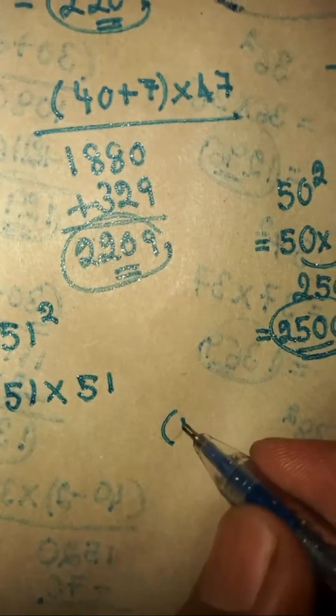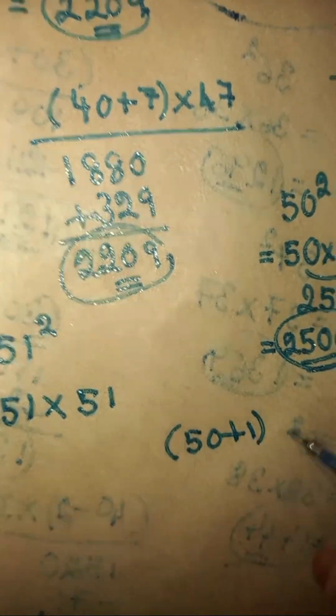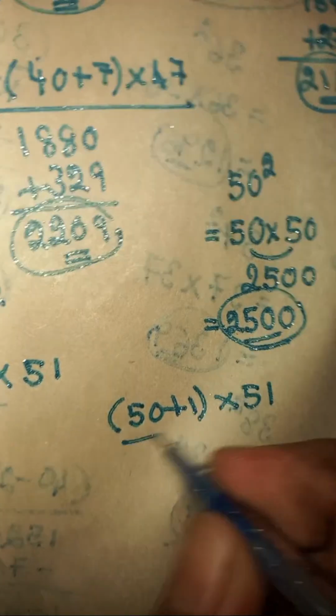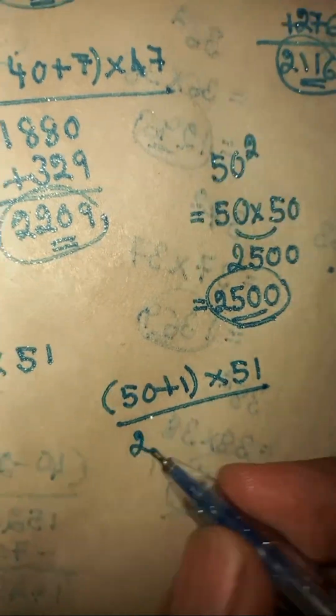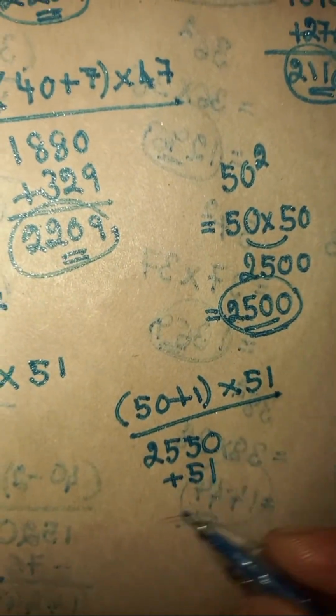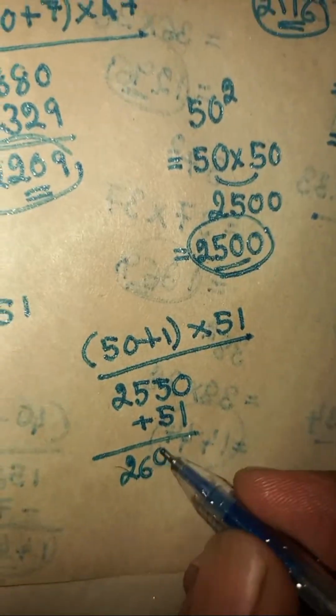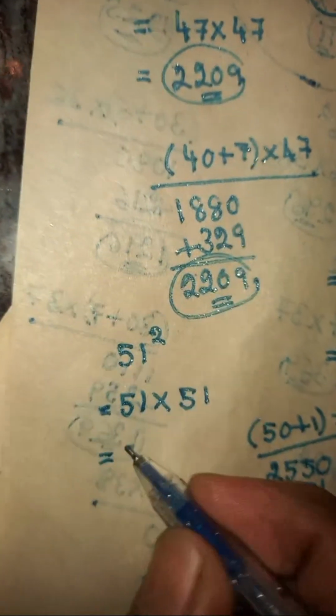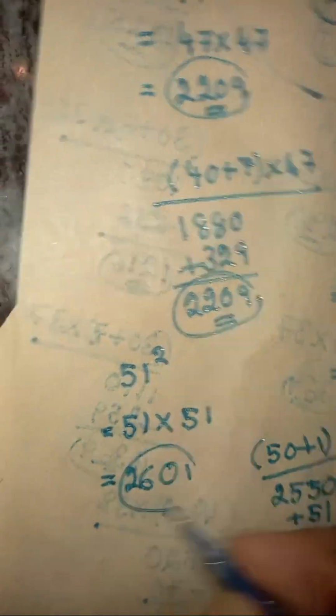Now you can write 51 as 50 plus 1 times 51. Now 51 times 50 is 2550 plus 51, it's going to become 2601. This is completely equal to 2601.